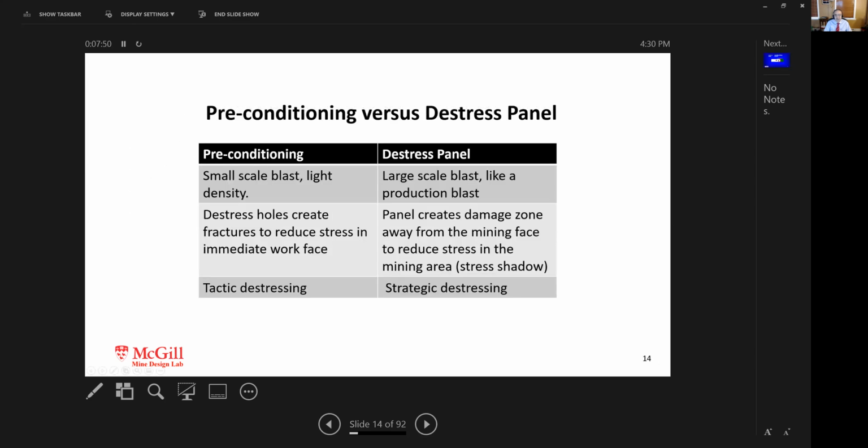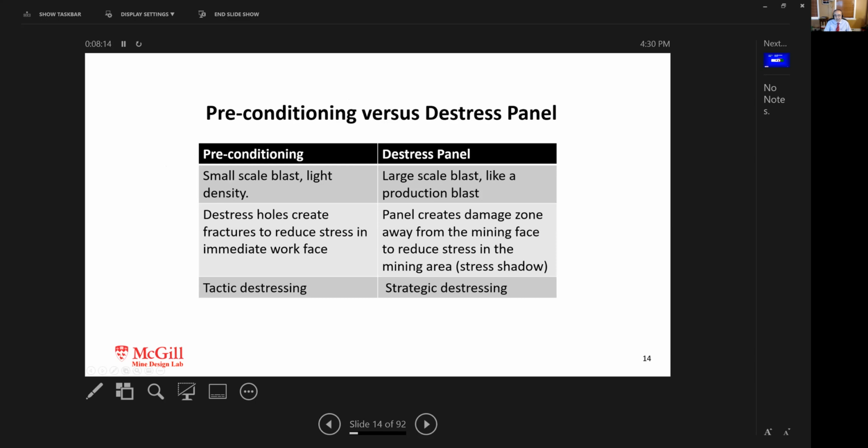So, a comparison between the two techniques: preconditioning is small scale. It's implemented to create fractures or extend fractures. It's implemented directly in the work phase, and it's treated as a tactic, something that you can do every second day. Distress panel, on the other hand, is large scale.